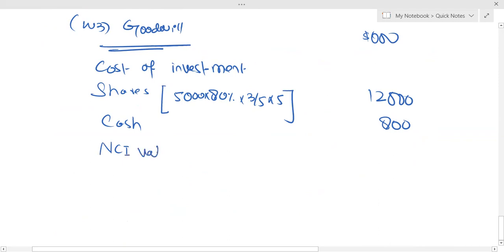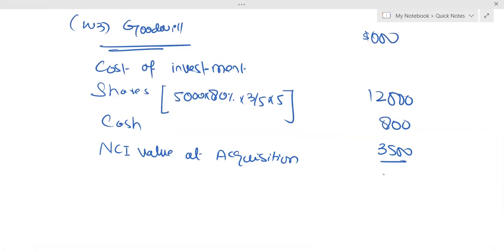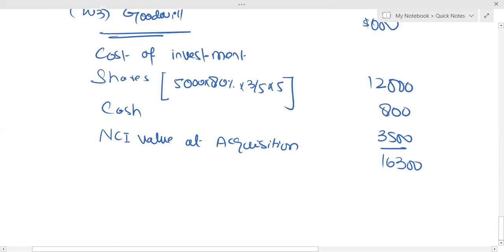NCI value at acquisition. It means 12,000 plus 800 plus 3,500. I'm getting 16,300. Now simply deduct the fair value of net assets at acquisition, which you will get from working 2.